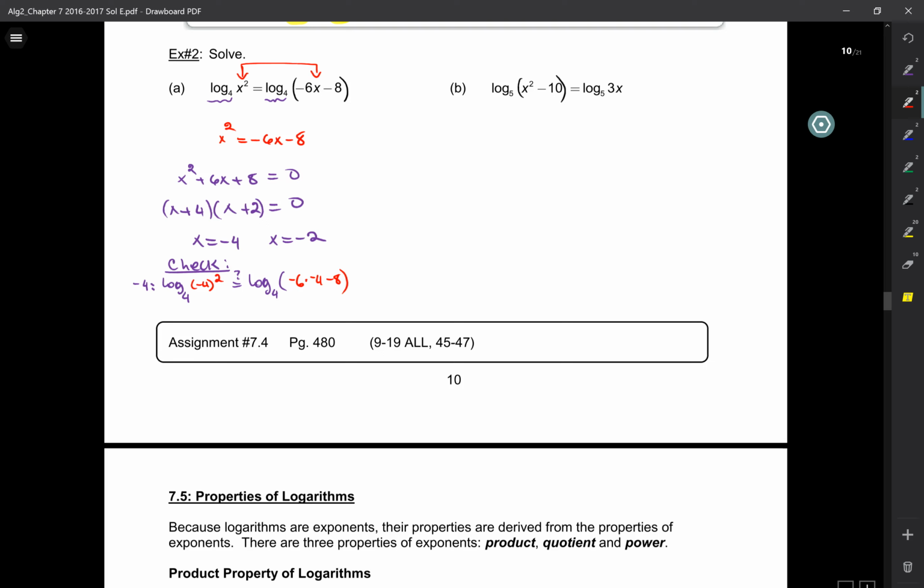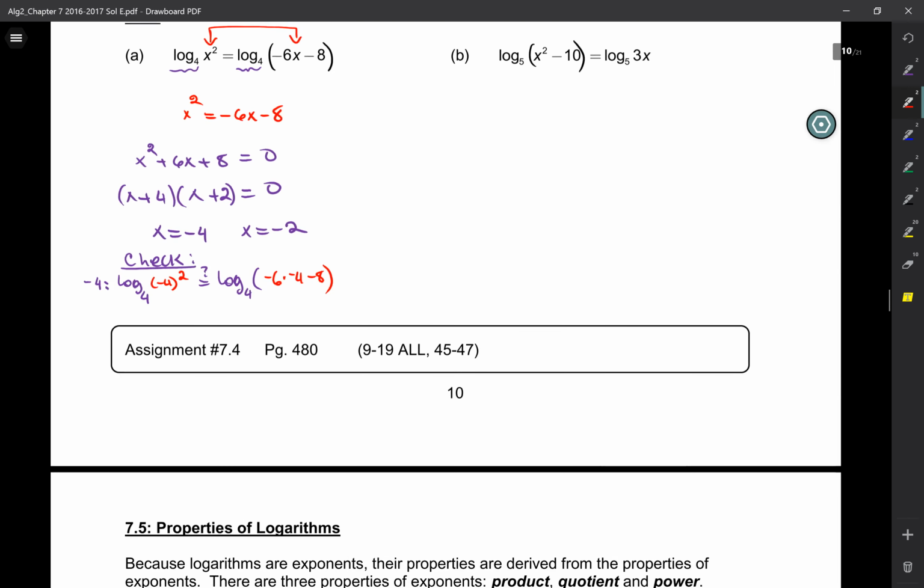On the left side, I get log base 4 of 16. What do I get on the right side? Log base 4 of, how much is that? 24 minus 8, is that the same as 16? Yes, so does that work? Yes, okay, so x equals negative 4 definitely works.